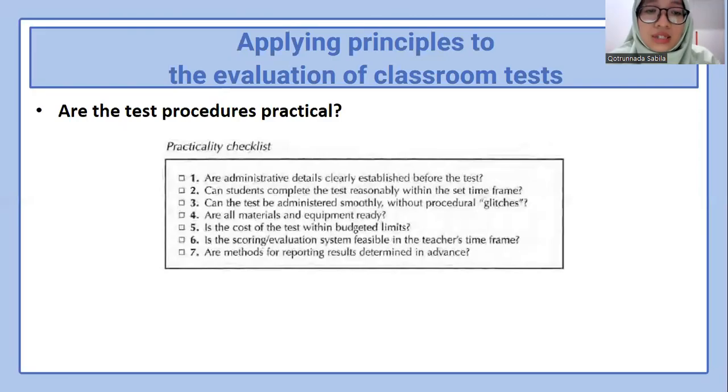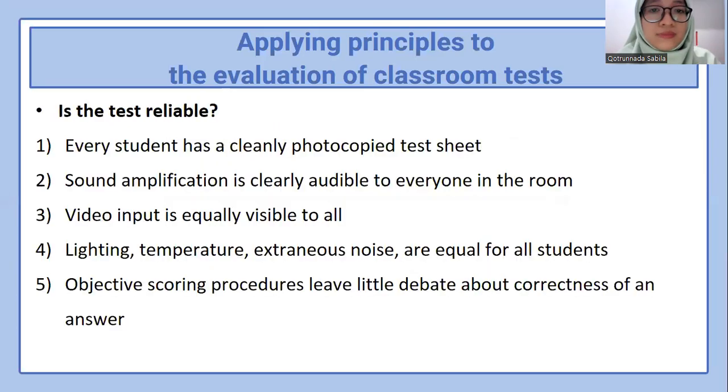As the checklist suggests, after you account for the administrative details of giving a test, you need to think about the practicality of your plans for scoring the test. And then, is the test reliable? Part of achieving test reliability depends on the physical context. For example, every student has a cleanly photocopied test sheet.